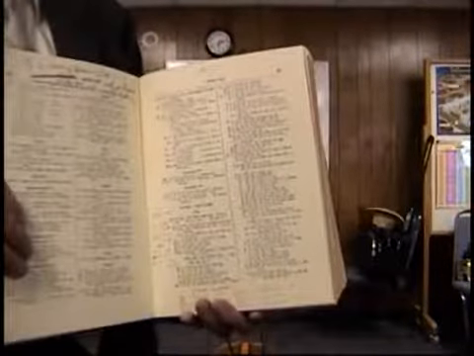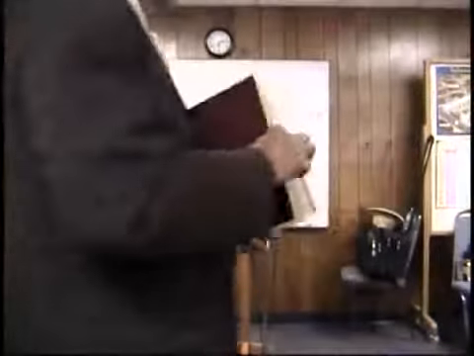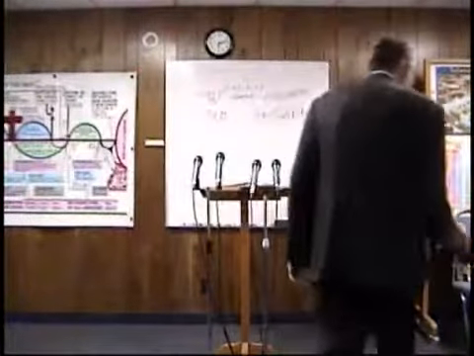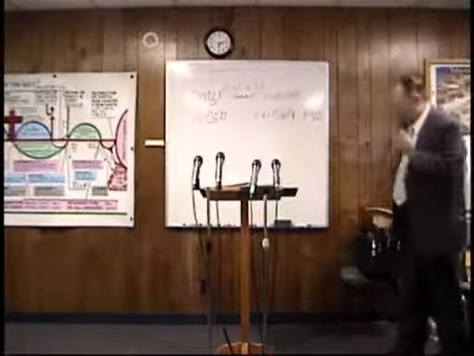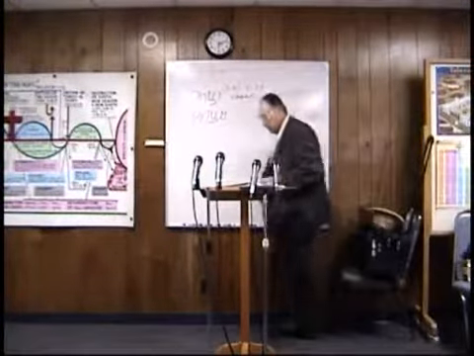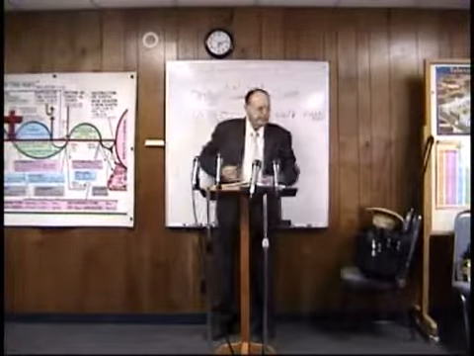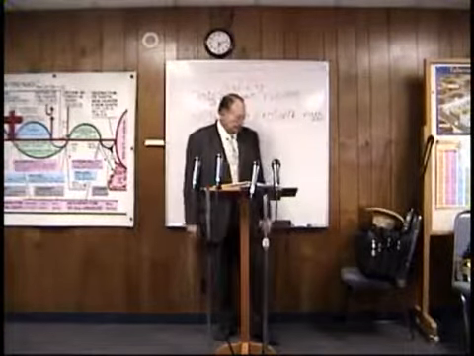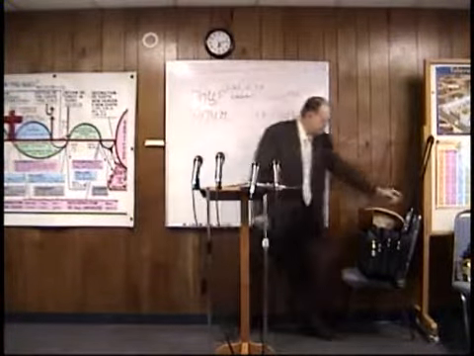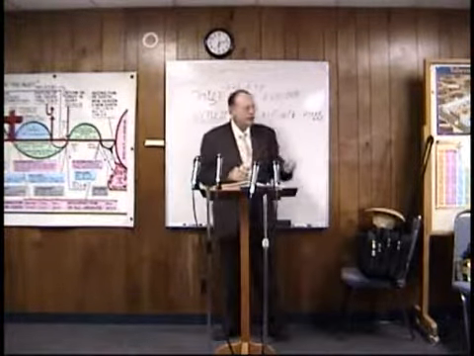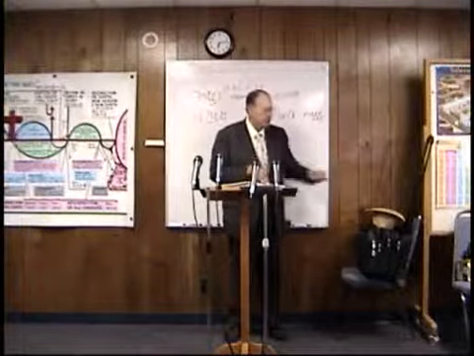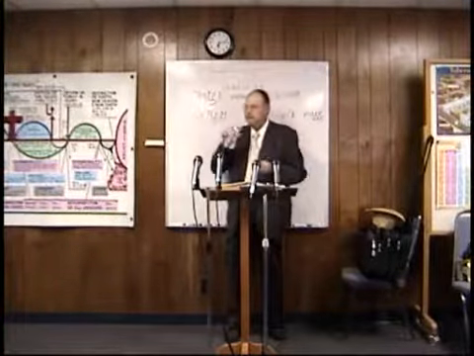Now there are many, many more. Liddell and Scott, Bauer, Arndt, and Gingrich, all kinds of lexicons. This is the best analytical lexicon that we have, and you can find the roots. Now, as I've been teaching the book of Genesis, I have been cross-referencing from the Hebrew to the Greek Septuagint, which is a Greek translation of the Old Testament, and seeing what kind of ideas they have.